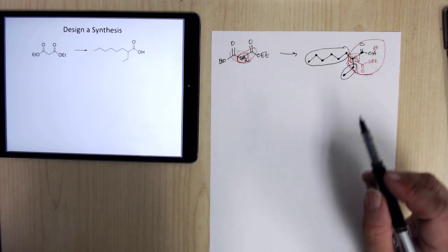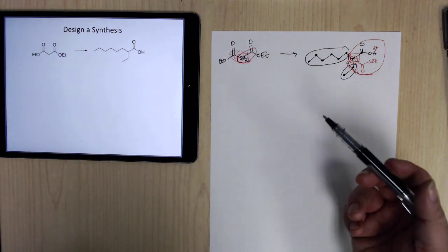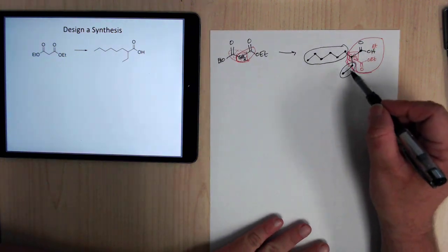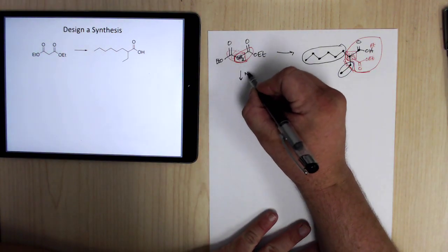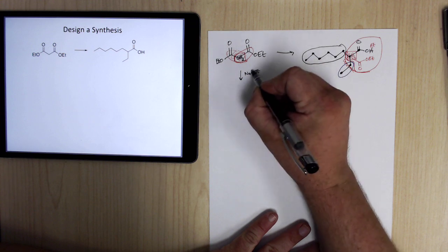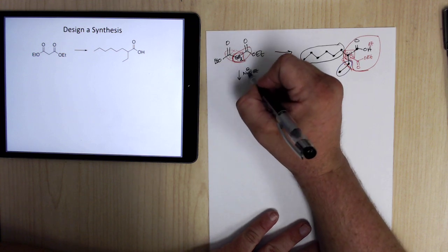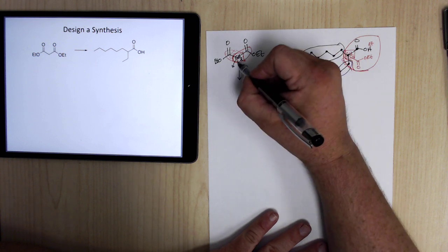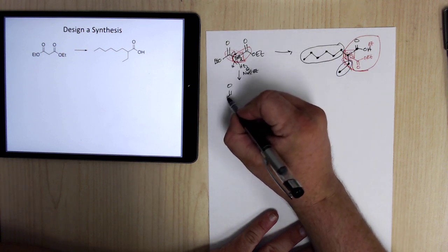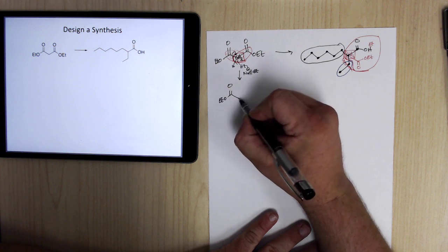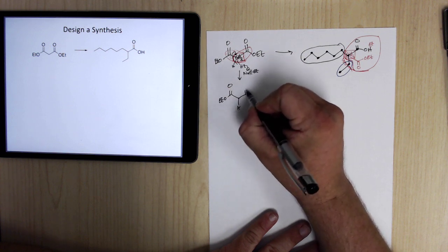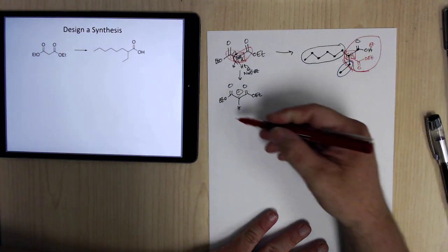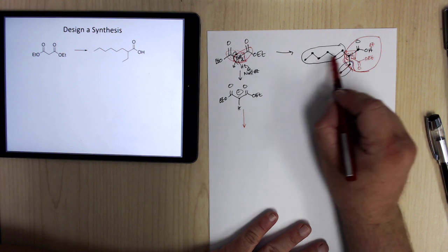So be careful. We're going to have to go through this cycle of base, add an alkyl bromide, and then repeat. I don't care which one you put on first. So you're going to want to put in sodium ethoxide. It's going to grab one of those hydrogens, and let's put on this one here.